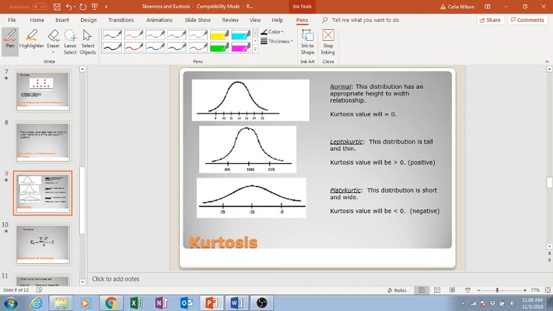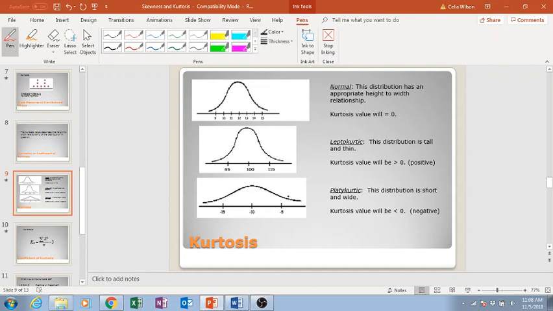Now this isn't the best picture. It should look visually a little bit taller and thinner, but anytime your distribution is tall and thin, you're going to have positive kurtosis, and we call this leptokurtic. So if your distribution is tall and thin, it's leptokurtic and positive.